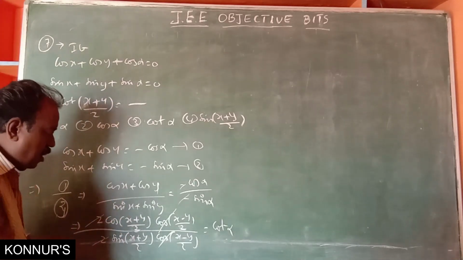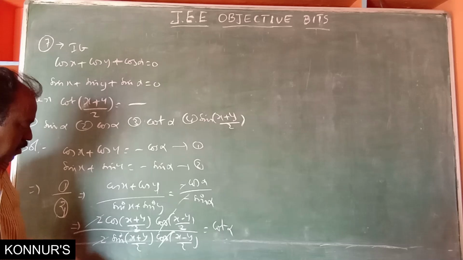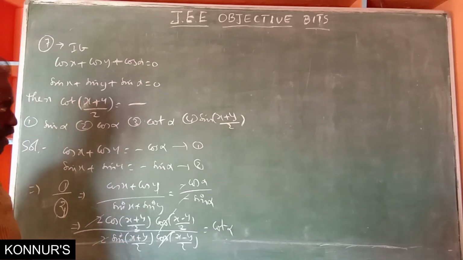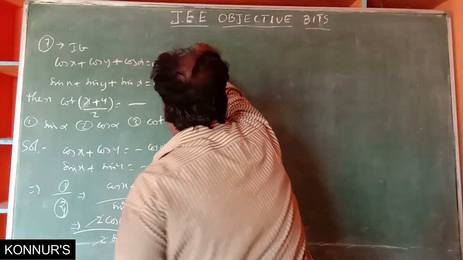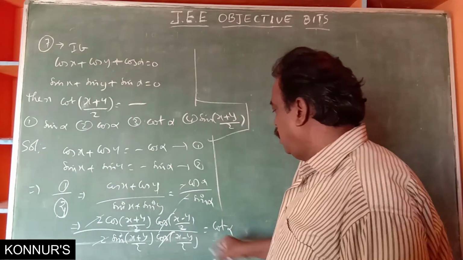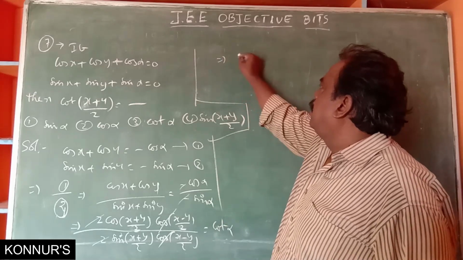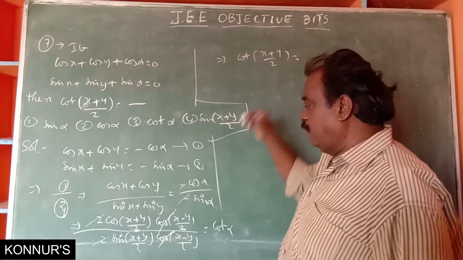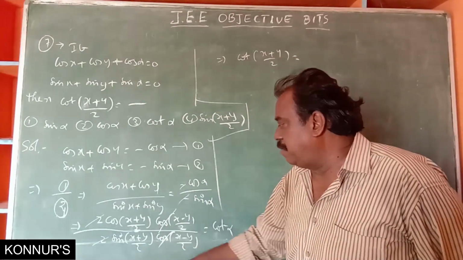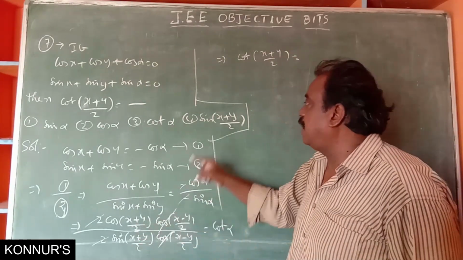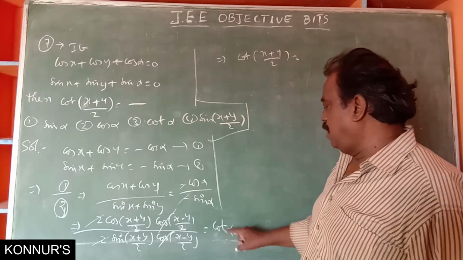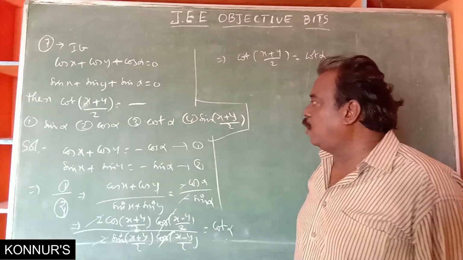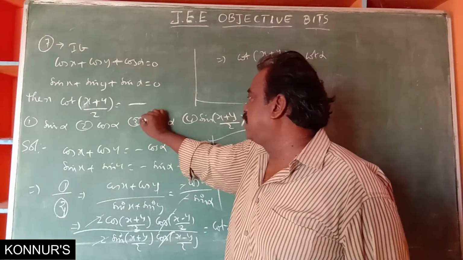Here it is the same angle, (x plus y)/2, for example cos A by sin A. So we get cot of (x plus y)/2. Will you agree? Cos by sin is cot of (x plus y)/2. Okay? So its answer is the third option.